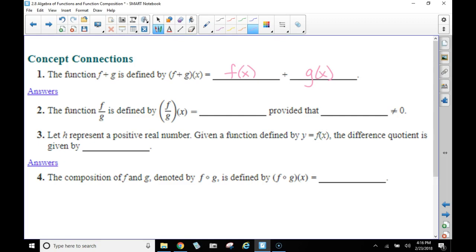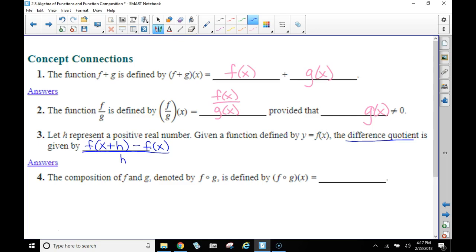The function f divided by g is defined by f divided by g of x, and it means f of x divided by g of x, as long as that denominator g of x is not equal to 0.